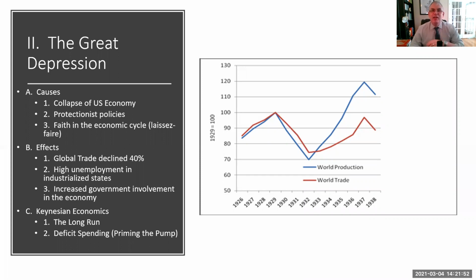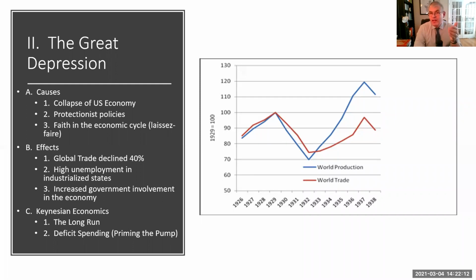The first thing, what caused the Great Depression? We don't want to get too bogged down in details. So what we will say is that the U.S. economy was a linchpin to a lot of European businesses and a lot of the global economy.